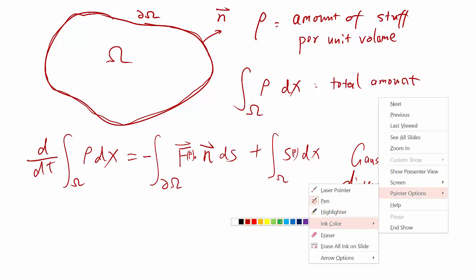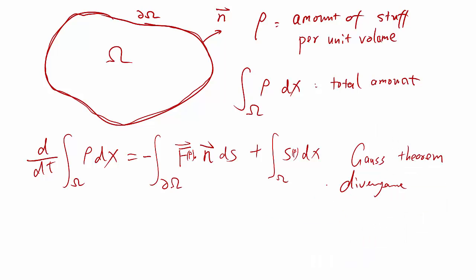So the divergence theorem says that the integral of the divergence of a field, I'm just going to write it f, over any control volume, can be represented as the surface integral of f dot n ds. All right.